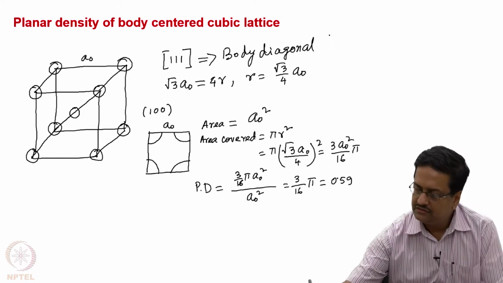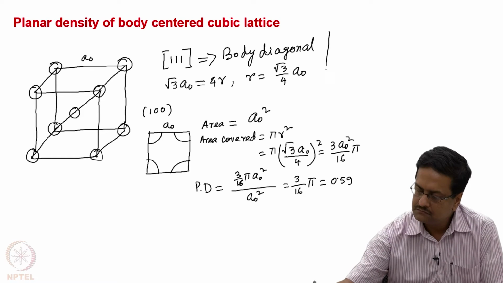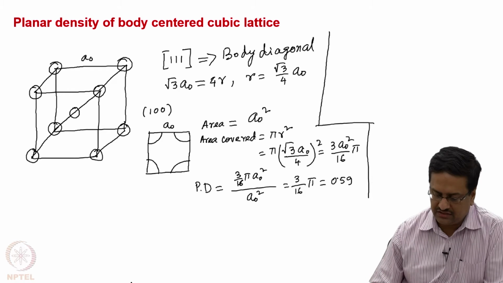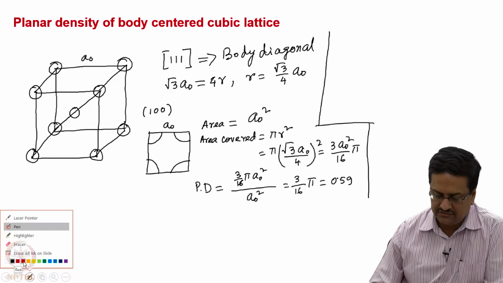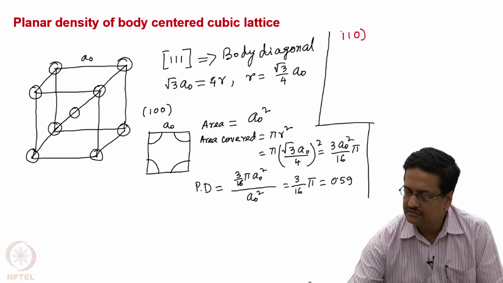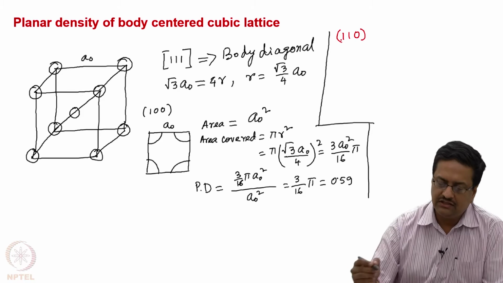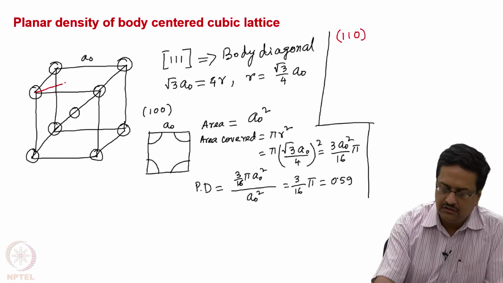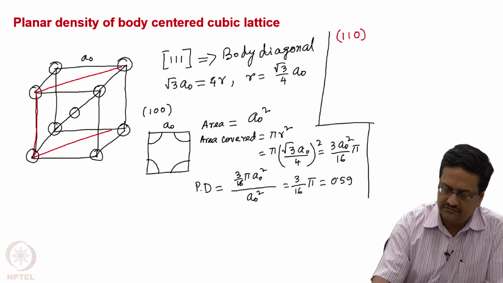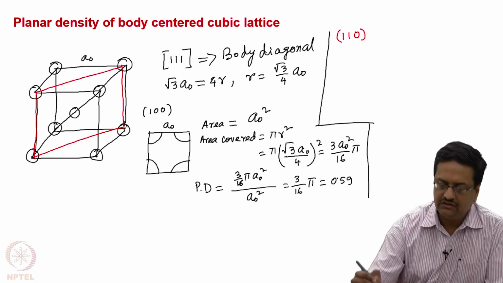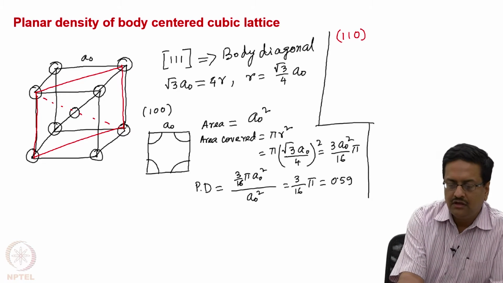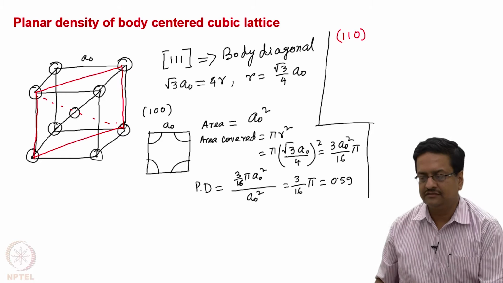Now if we do it for the other plane, which is the 1 1 0 plane, the plane which I am drawing in red. In this plane, we have a body diagonal connecting the other corners.